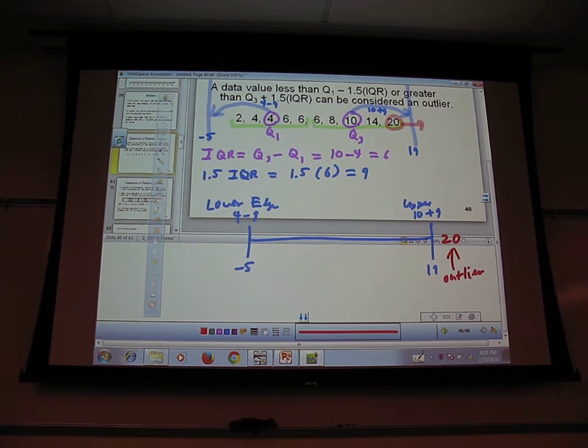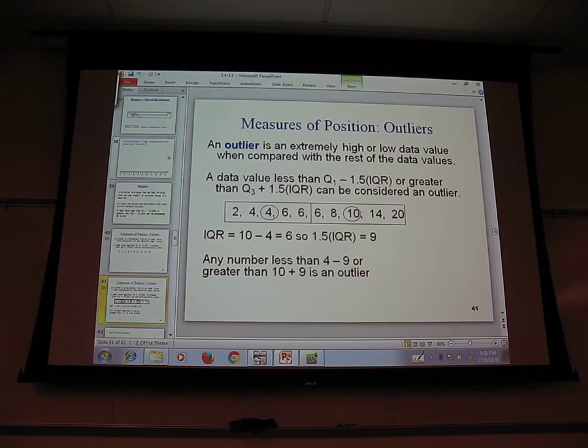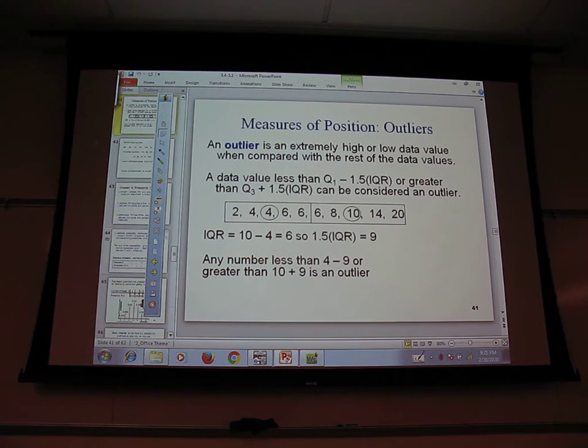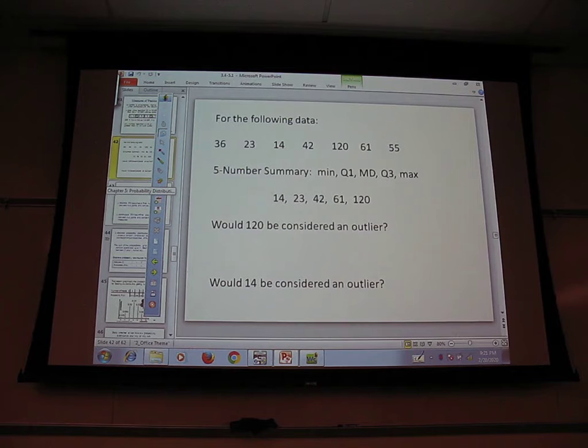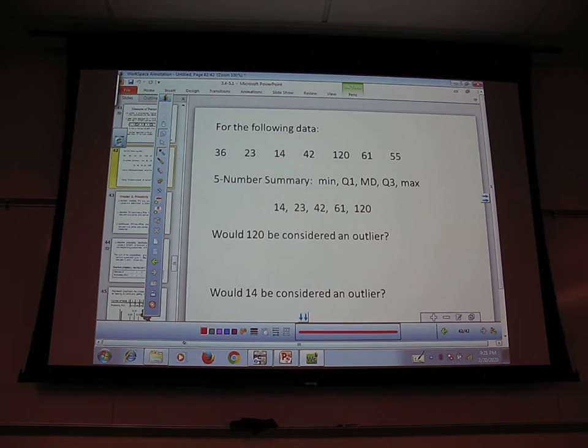Okay? You need to go ahead and do the lab problem at the bottom of the page. I think it's 7, I'm not sure. Yep, here we go. I gave you the 5-number summary, by the way. This is a 5-number summary, so you already have your Q1 and Q3. You don't even need to calculate it, it's given to you.